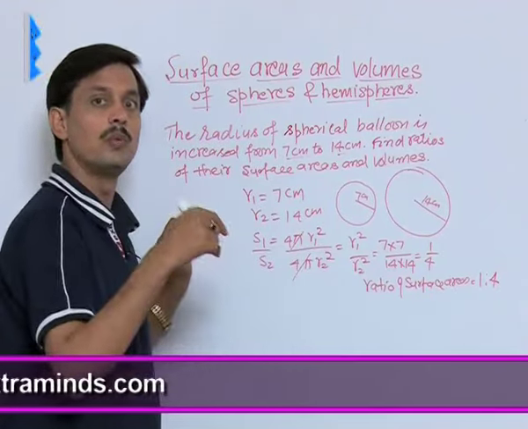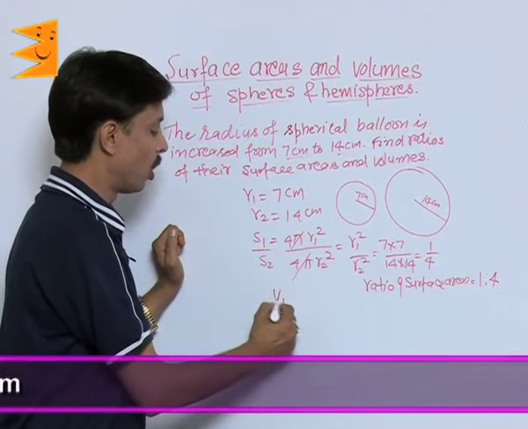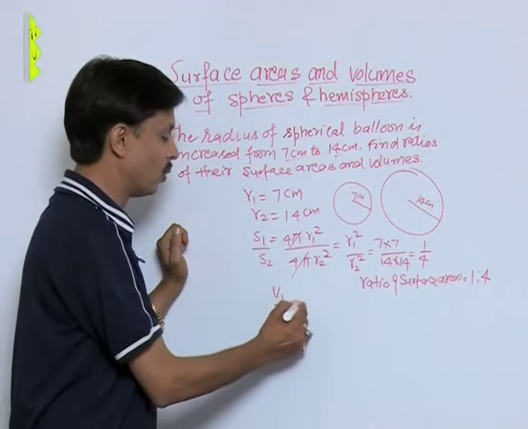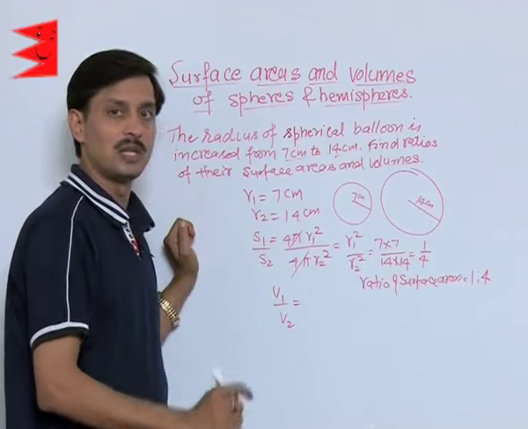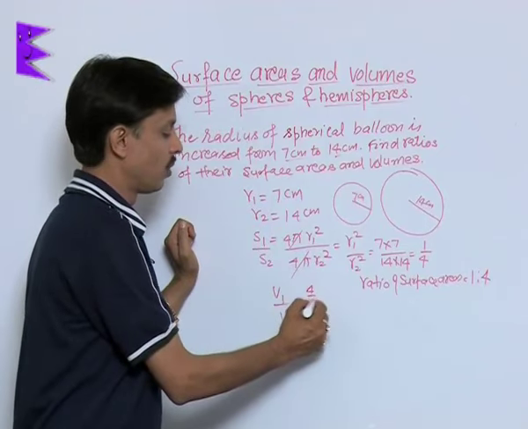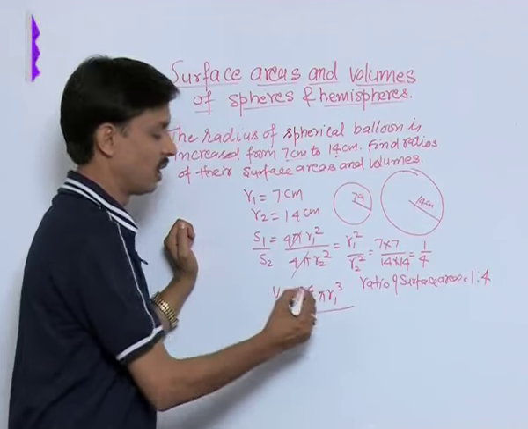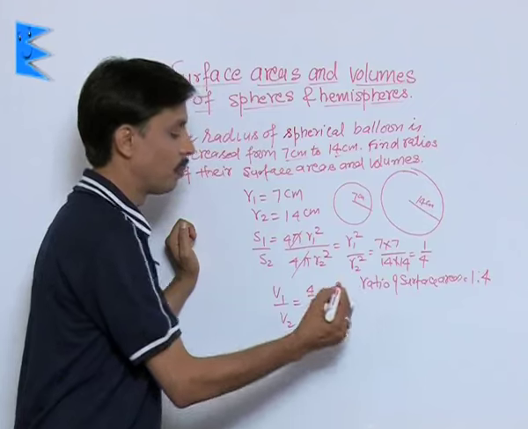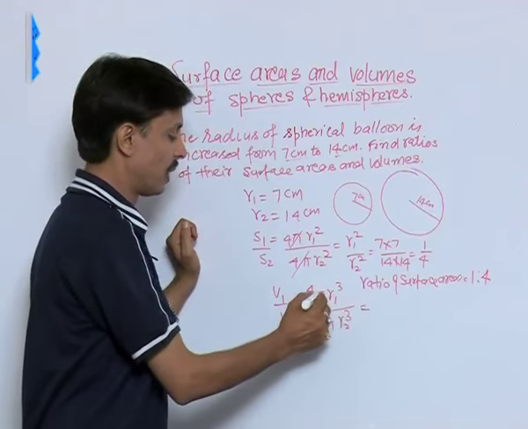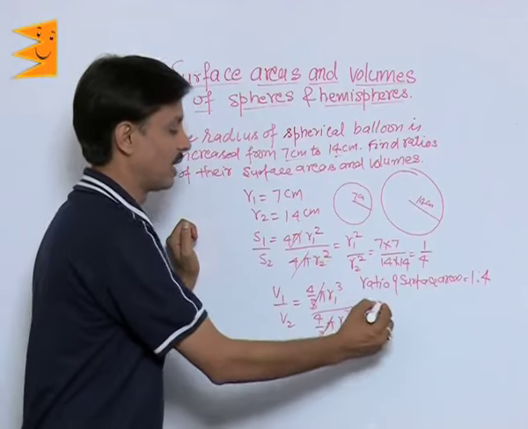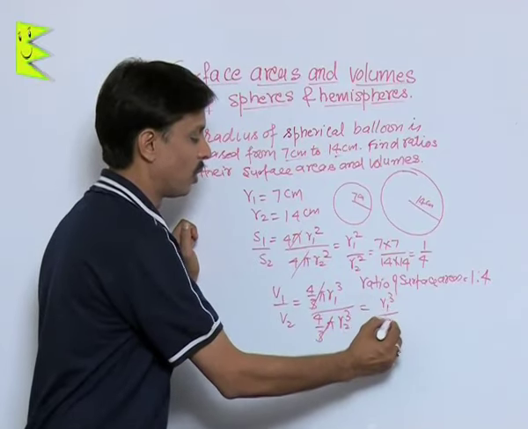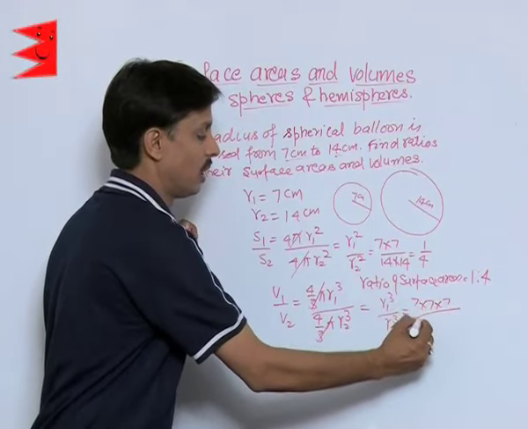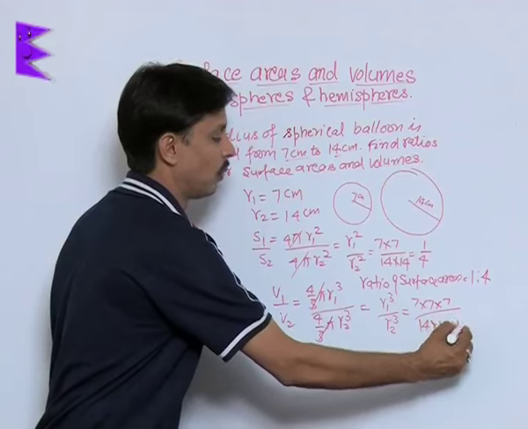becomes 1:4. Second, the ratio of their volumes, that is V1 upon V2. V1 is the volume in the first situation. This is given by 4 by 3 pi R1 cube upon, in the second situation, 4 by 3 pi R2 cube. 4 by 3 pi and 4 by 3 pi get cancelled. R1 cube upon R2 cube, that is 7 into 7 into 7 upon 14 into 14 into 14.